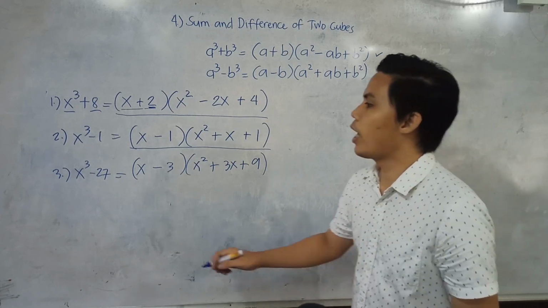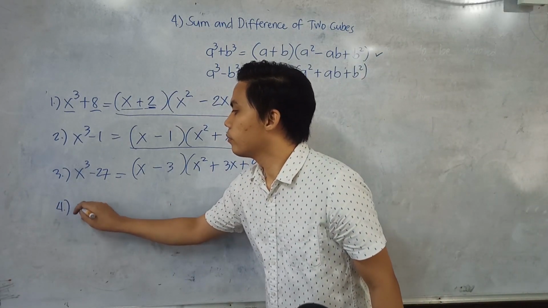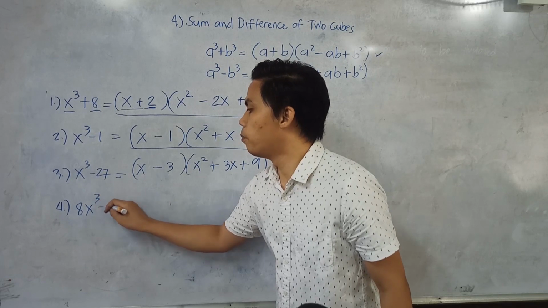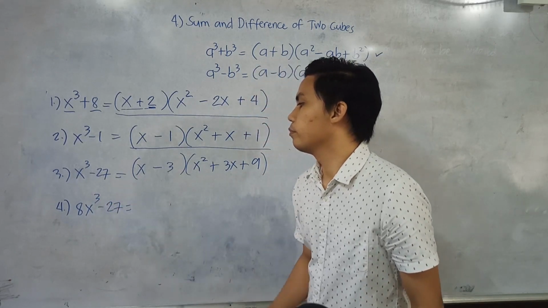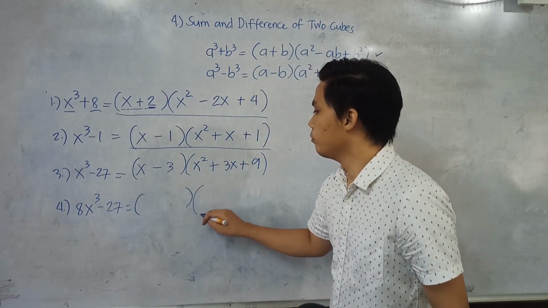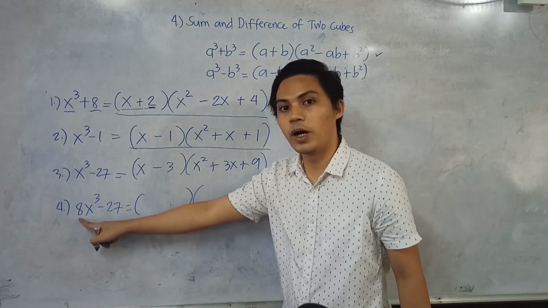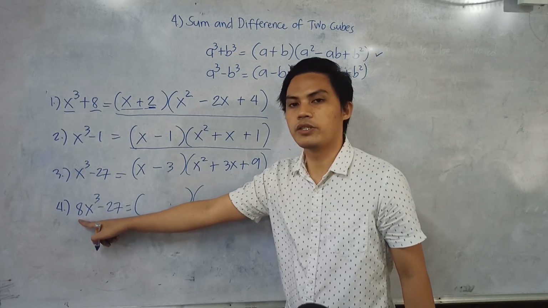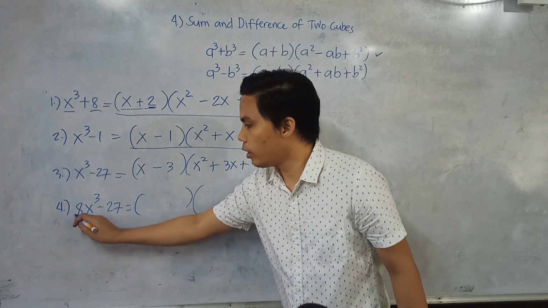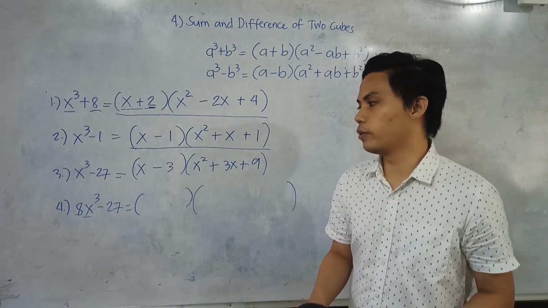Okay, let's have the last example. 8x cubed minus 27. Okay, so mapapansin nyo sa first term hindi na 1 yung numerical coefficient natin. So, okay lang yan siya. So, ibig sabihin silang dalawa, kukunan natin ng cube root. Okay.